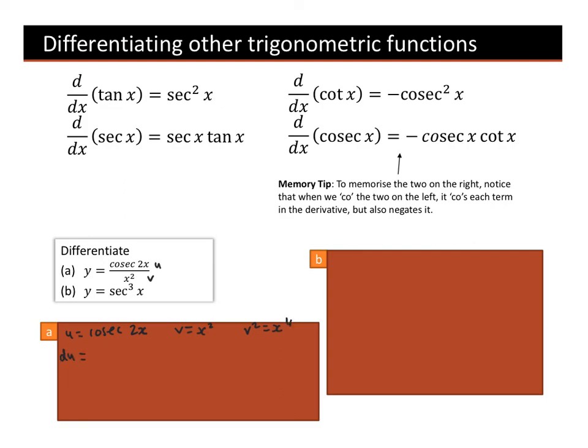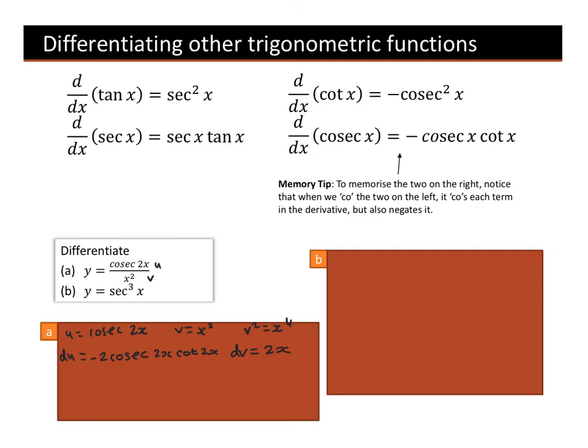Now, cosec 2x, we know, differentiates to minus cosec x cot x. But then we need to multiply that by the differential of the bracket, which in this case is the differential of 2x, which is 2. So we're going to have minus 2 lots of cosec x, but remember our x is 2x, cot 2x. And our dv differentiated is just 2x.